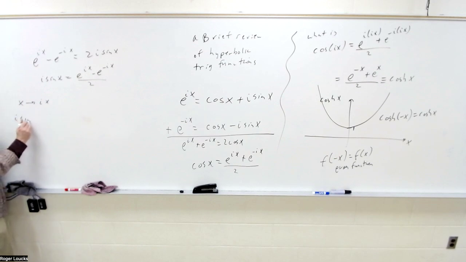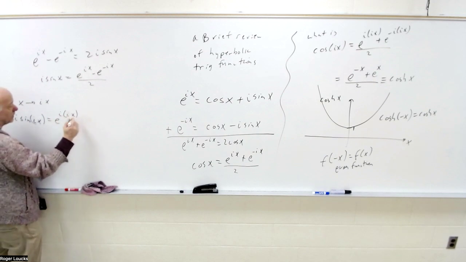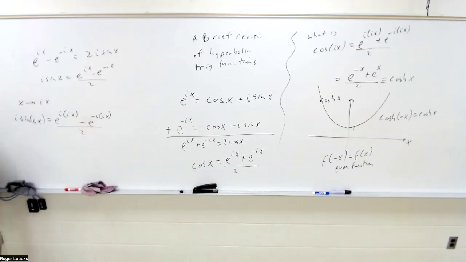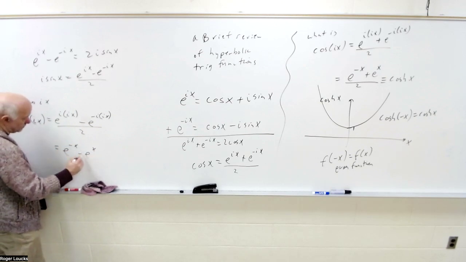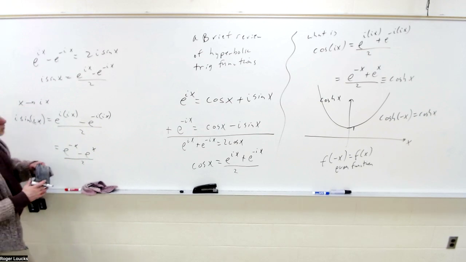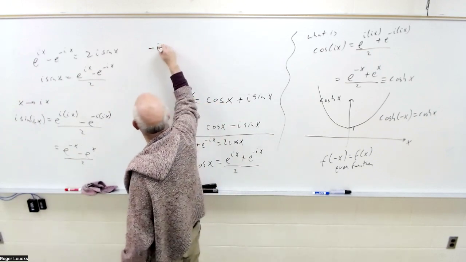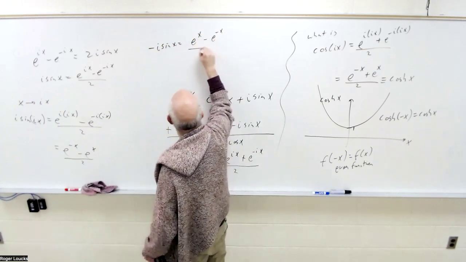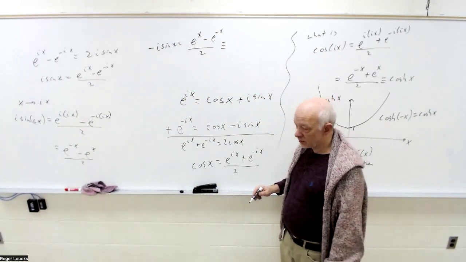Then i sine ix equals e to the minus x minus e to the x, over 2. I'm going to pull out a minus sign here, and we formally define that to be sinh.